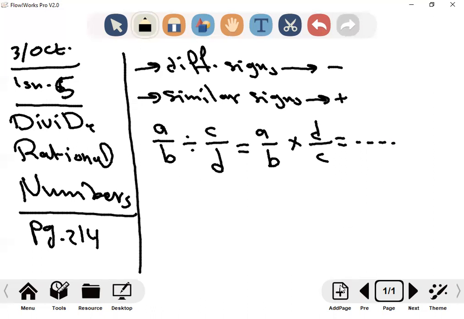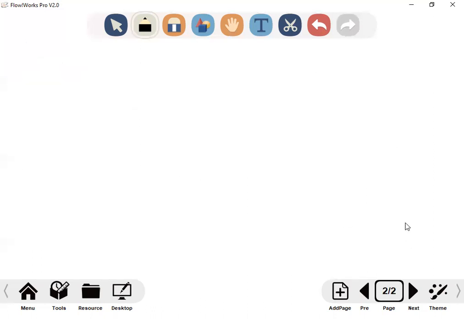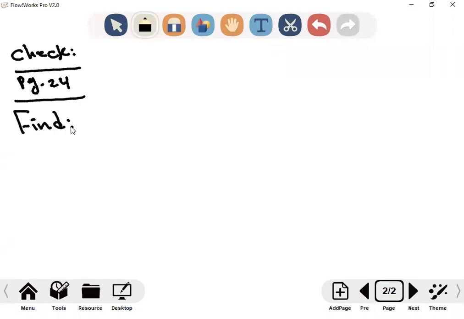Let's do it together. We are on page 214. So in this check, page 214, we need to find -1 and 1 over 3 divided by 2 and 2 over 15.